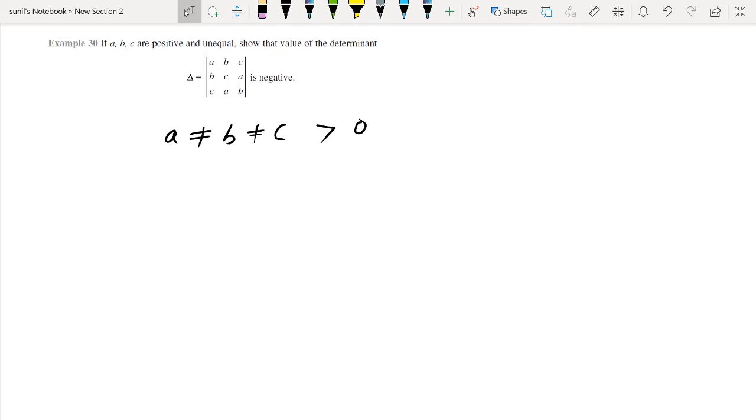Now, what I am doing here, applying this operation.